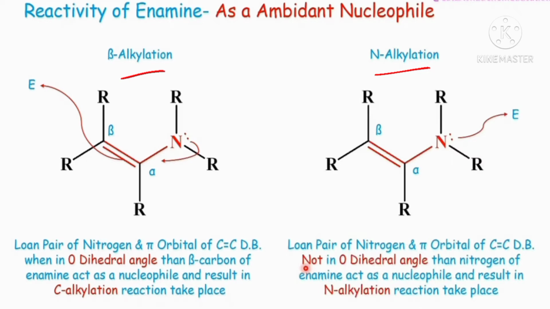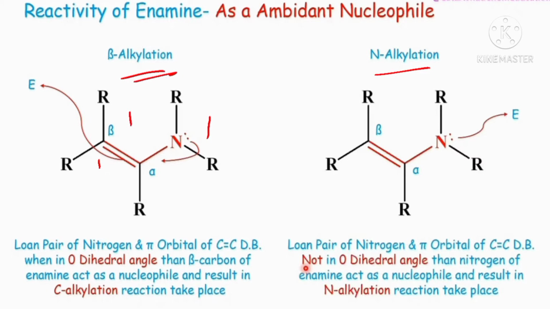Now we will see one by one. First, beta alkylation. Here the lone pair of nitrogen and the carbon-carbon double bond beta carbon, the dihedral angle is 0. Therefore, here the beta carbon acts as a nucleophile and carbon alkylation, also called beta alkylation reaction, takes place.